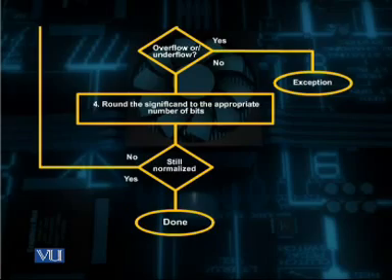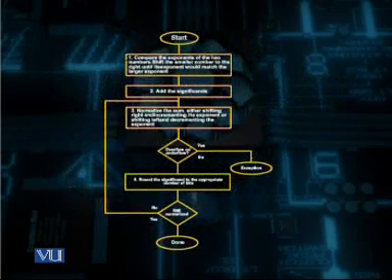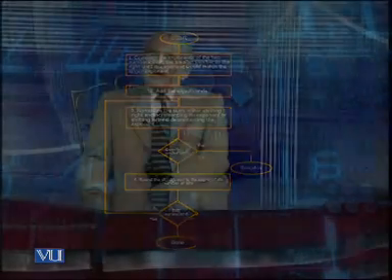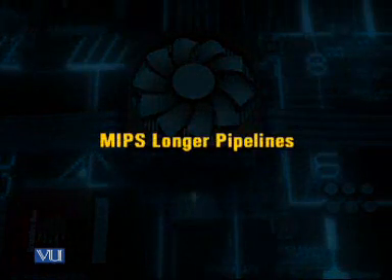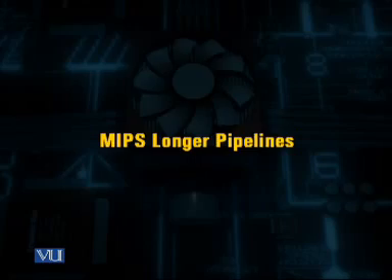So this way, you can see that the floating point functional unit must be redesigned to perform all these operations, and this type of functional unit will have longer latencies and initiation or repeat intervals than the integer type ALU.